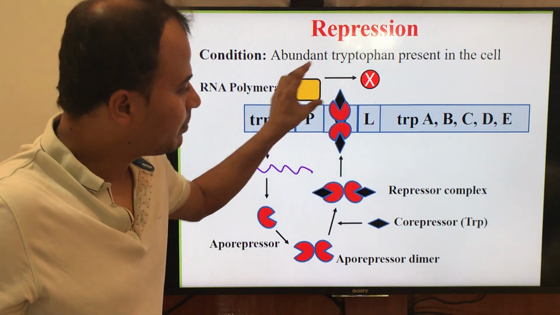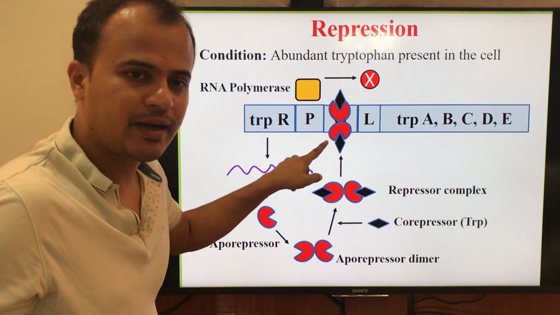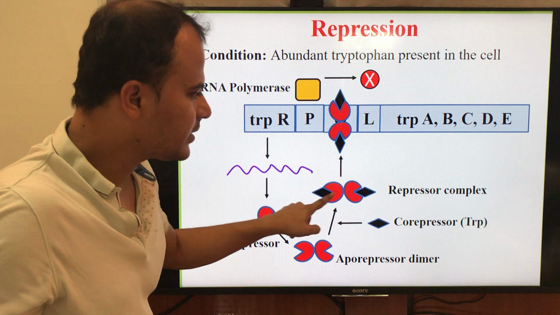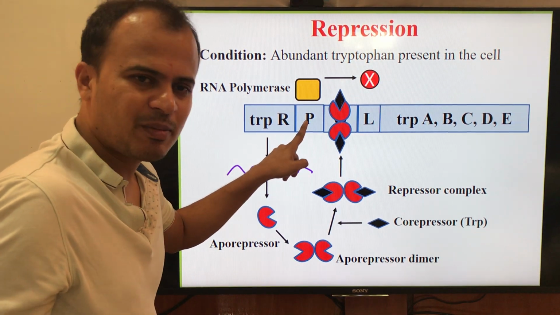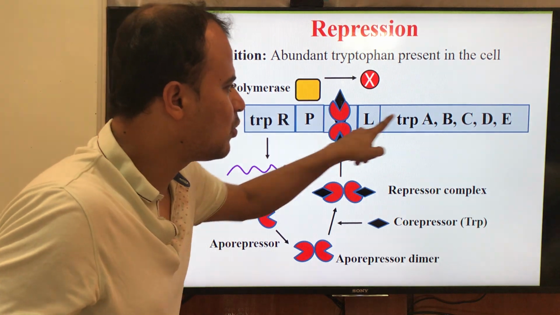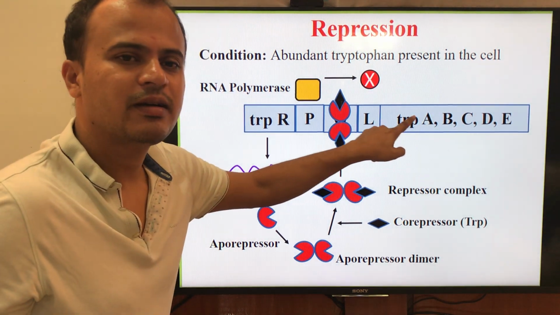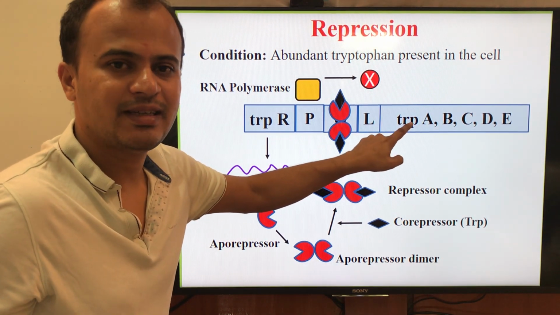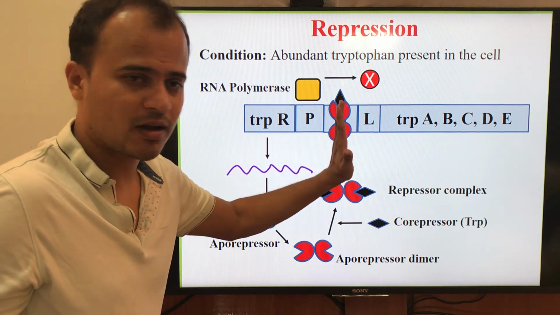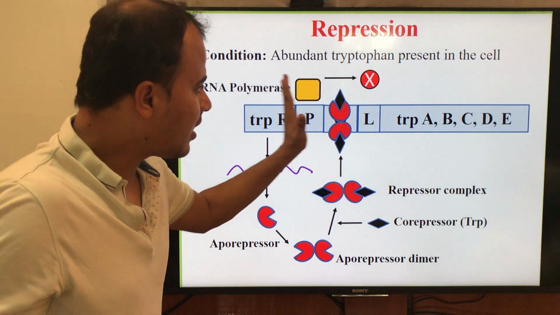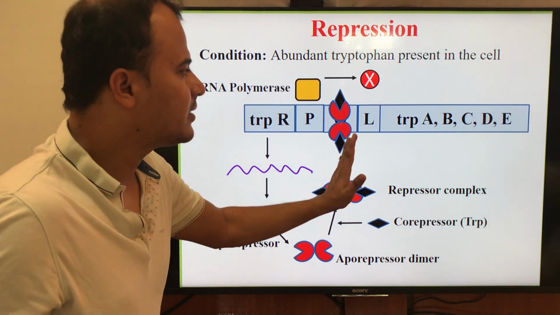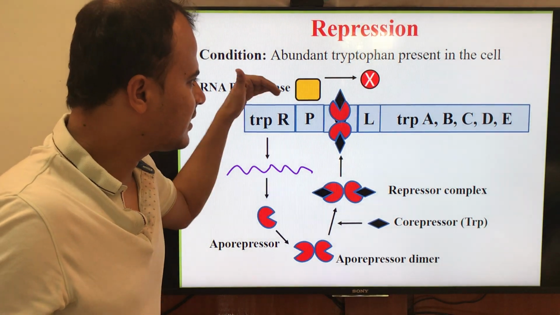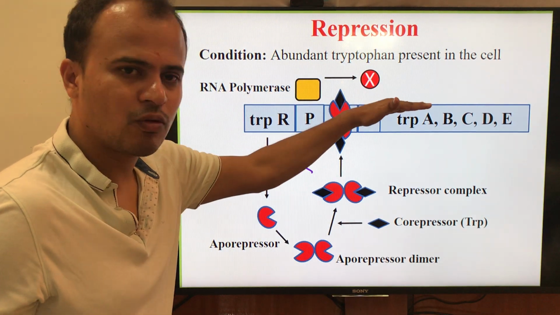But because of the binding of the repressor complex to the operator, RNA polymerase cannot move towards the TRPABCDE genes. It is like a roadblock. The way of the RNA polymerase has been blocked by the repressor complex, and therefore RNA polymerase cannot move.